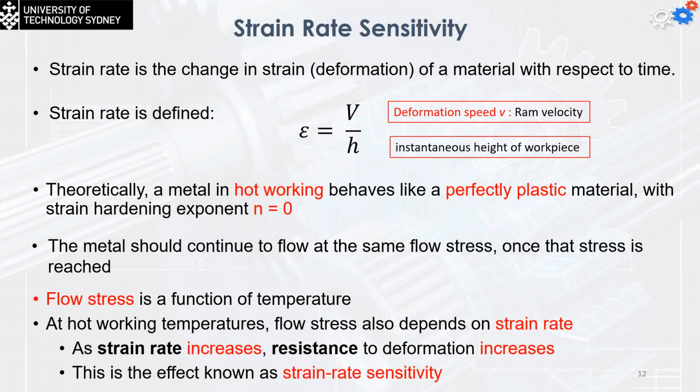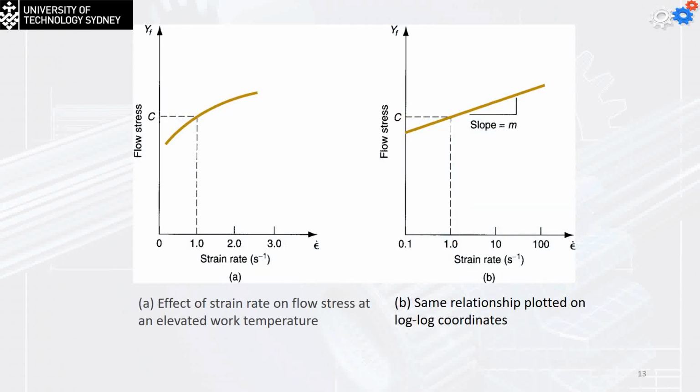As I told you earlier, when you compress anything, it's going to resist the compression as long as you compress it further. So that's what's happening in the effect of the strain rate on the flow stress at elevated work temperature. It is going to be a curve shape, and that's the same relationship employed in the log-log plot.